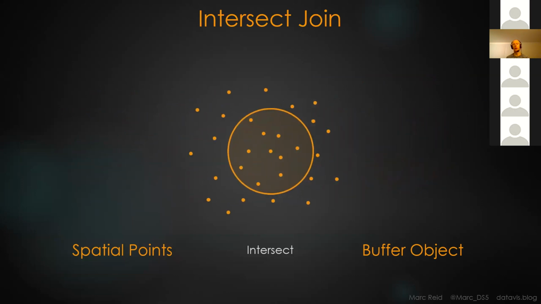If you imagine them aligning all of the points based on their latitude and longitudes, the intersect will just keep the points on the left that overlap with the buffer object. All of the other points will drop out of that join and disappear. So what you are left with is what you see on the screen there.